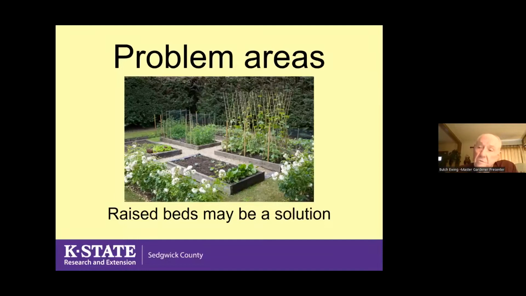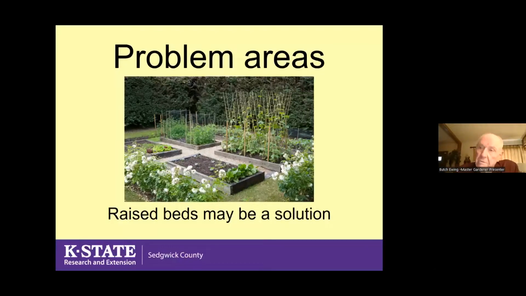I think that's a good way to solve some of those issues, or to avoid those issues, I should say, where you can actually build your planting area above the problem soil, and then in that bed, you can build the soil that you need. So raised beds could be potentially a solution for a problem area.